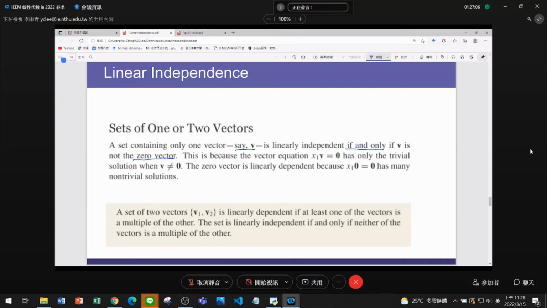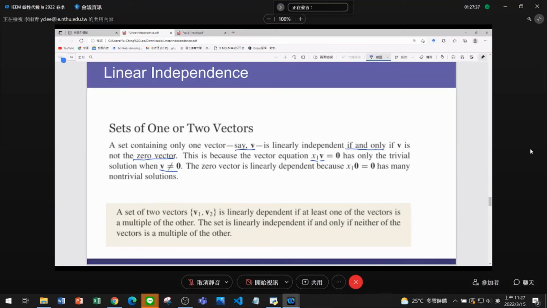So we say that if the set containing only one vector, the vector itself, is it linearly independent or not? It is linearly independent if and only if v vector is not a zero vector. And this is because the vector equation x1 some scalar times the vector equals to 0 has only the trivial solution when v is not a zero vector.